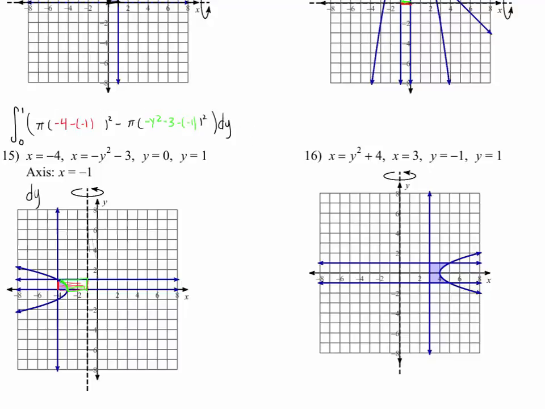Type it into our calculators, and we get 10.8908. So you can put 10.890 or 10.891, either one. Okay, problem number 16. So it looks pretty good. We got kind of a big gap right here. So we're rotating this around that.